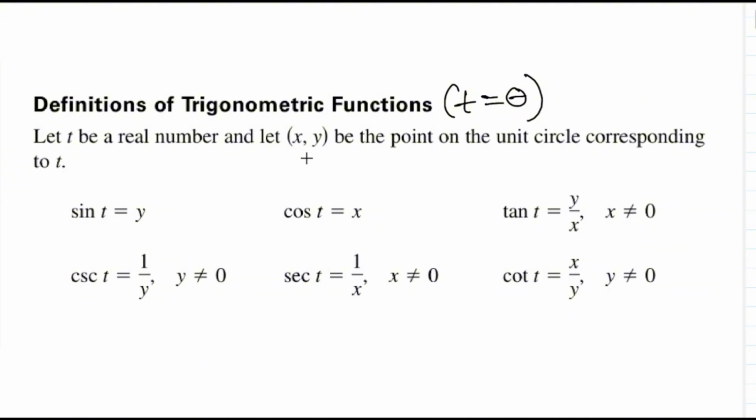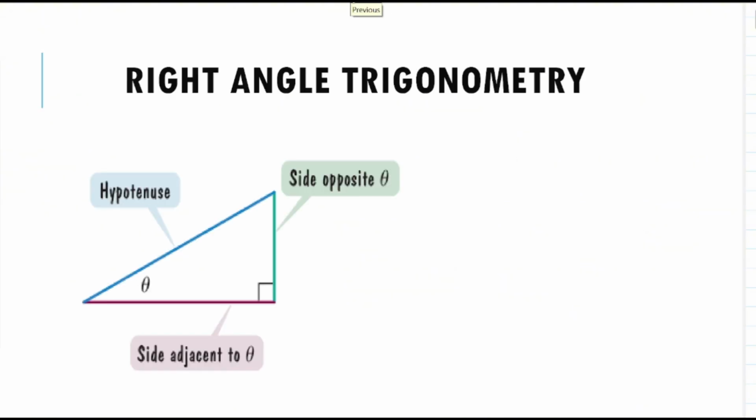So you can see the standard definition of these ratios as we have written. That is how to use the unit circle to derive the 6 trigonometric ratios. We can derive these trigonometric ratios from a circle, and we can also derive them from a right angle triangle.